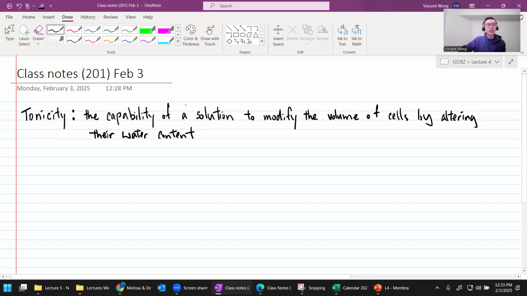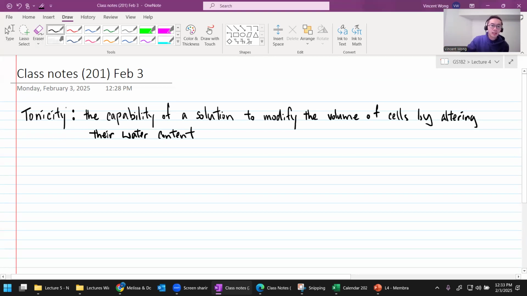So depending on what kind of solution the cell is exposed to, it might get bigger, it might get smaller, it might experience no change. And the results of that would be the cell getting bigger or smaller. The volume might change, and that is what we call tonicity.